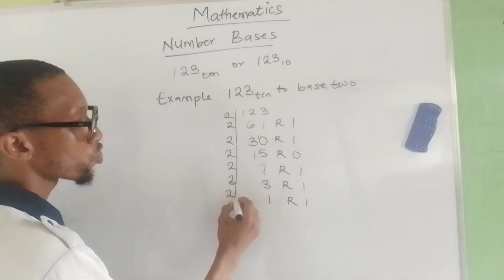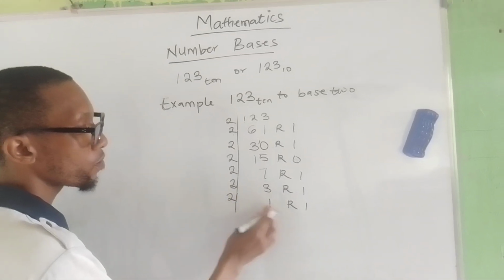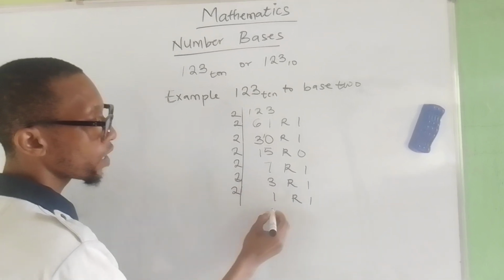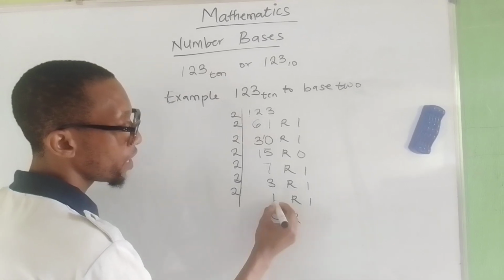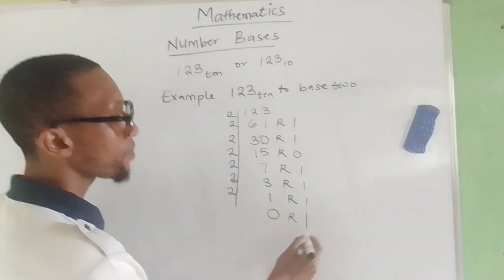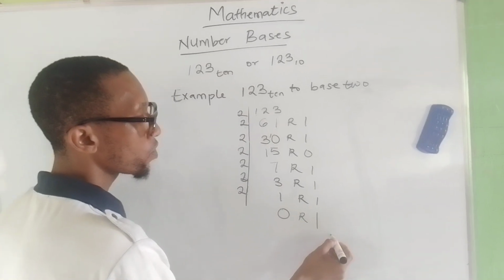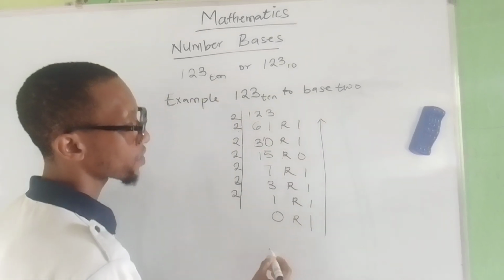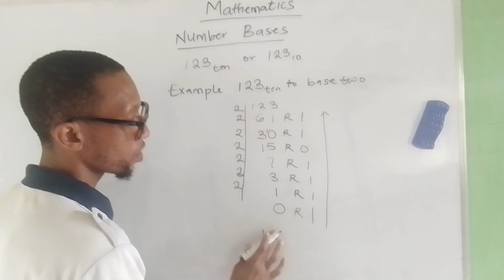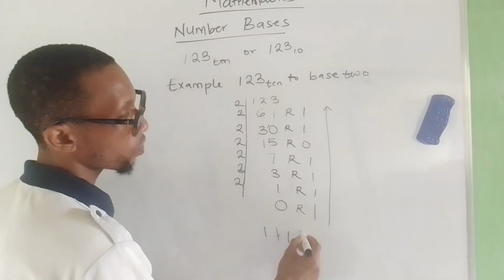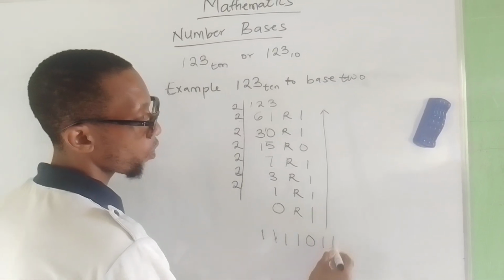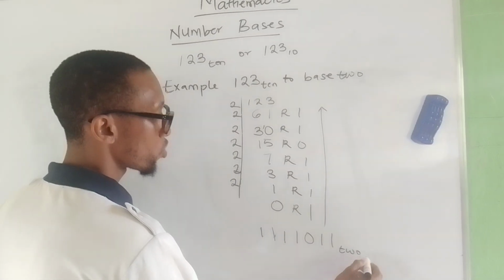If I divide 1 by 2, because 1 is too small, I put down 0 and it remains 1. Now I write my answer from down upwards. So what's my answer? 1, 1, 1, 1, 0, 1, 1. Now it is in base 2.